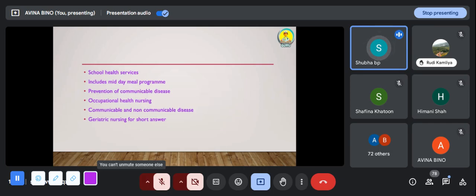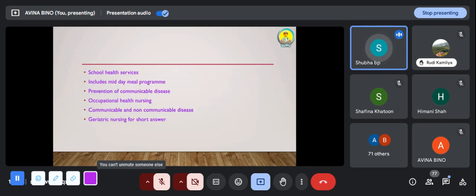The next question they may ask is, what is communicable and non-communicable disease? Or they may ask what is the difference between communicable and non-communicable disease. So you write the meaning of communicable first, and again you write the meaning of non-communicable disease, and give some examples for communicable disease and some examples for non-communicable disease.